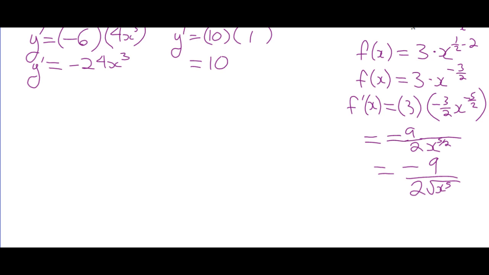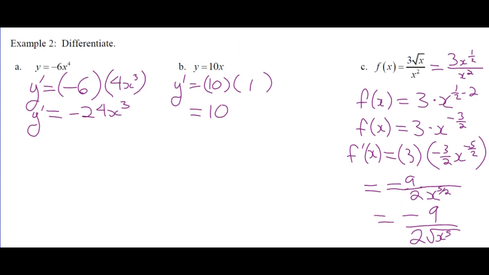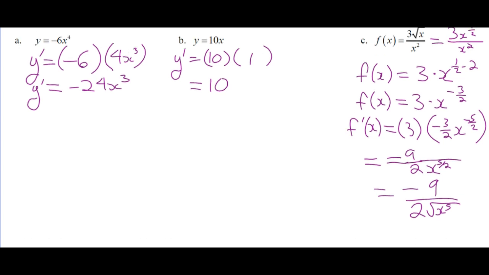Remember, the bottom number, the denominator, is what root, and the top number is what power. So it's -9 over 2 root x to the 5th. Okay, and again, we start with the root, we end with the root. And that's what you should be seeing in the back of the book.